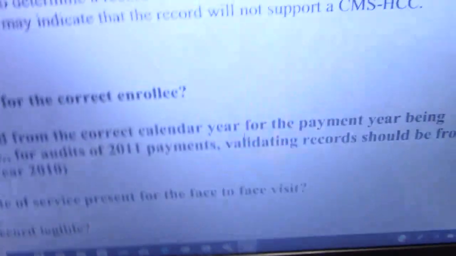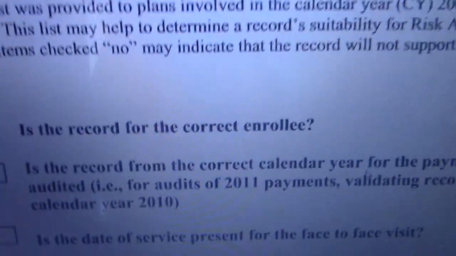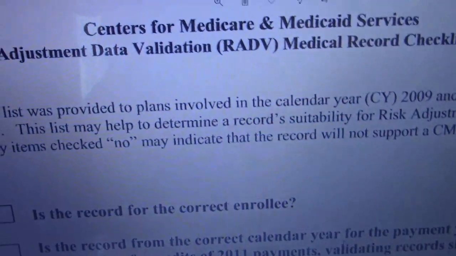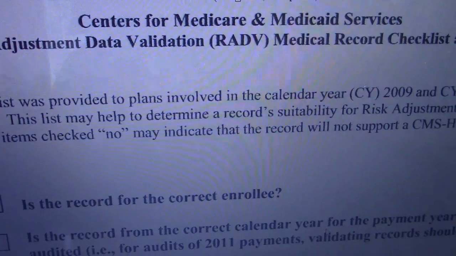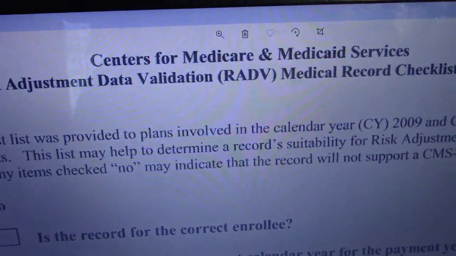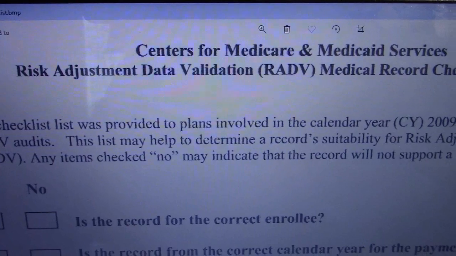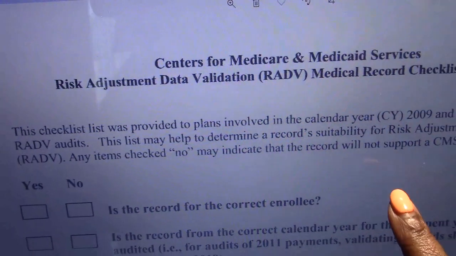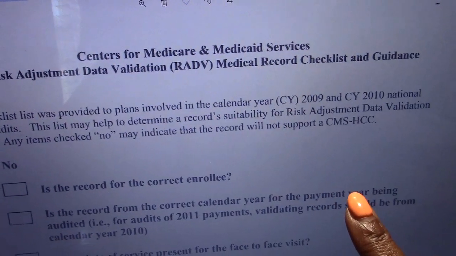As I ended the last video, I promised you a checklist that's used by CMS. So let me share that checklist with you. All right, as you can see here, this is the Center for Medicare and Medicaid Services Risk Adjustment Data Validation Medical Record Checklist and Guidance.